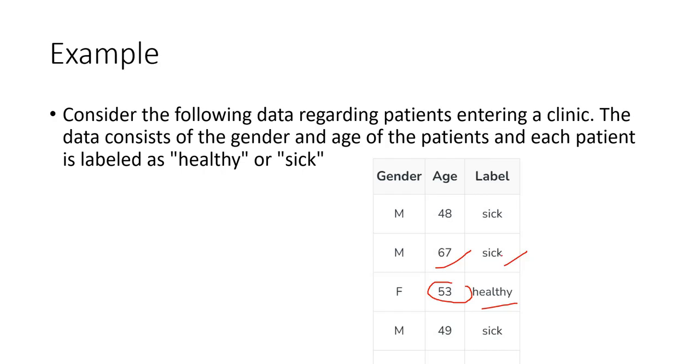We can clearly see that gender and age are the input features. The label, healthy or sick, is the target output. If we talk about the types of machine learning problems, this example represents a supervised learning problem. Why? Because we already know the correct output, the label, for each input.